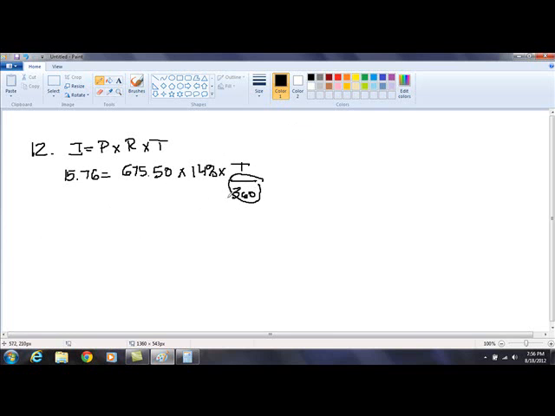My 360 is currently being divided. So to bring it over, I will multiply times 360. My 14% is currently being multiplied. So to bring it over, I will divide.